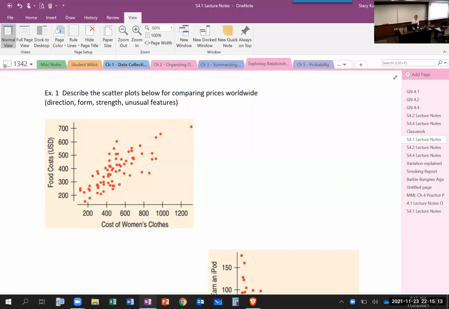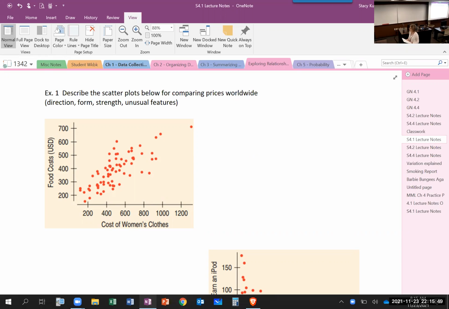Okay, let's look at this scatter plot right here. Okay, we won't spend a lot of time on these things, but it's an example. And just to kind of get us talking and just to kind of get an idea of what we're looking at here, we want to be able to describe, using the scatter plot, the direction, positive versus negative, the form, in other words, is it linear or not, the strength of it, so is it strong, moderate, whatever, and then any unusual features.